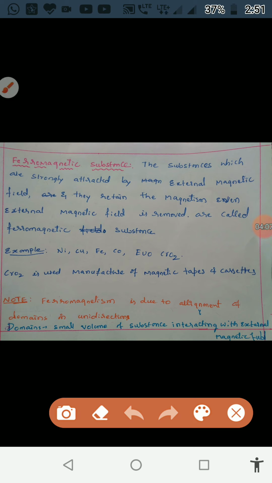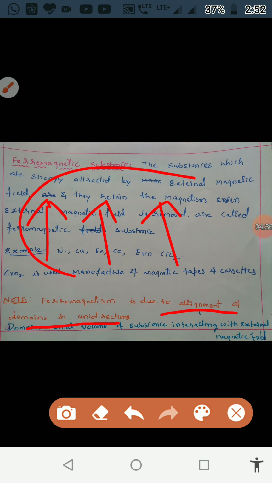Here, these ferromagnetic substances show strong magnetism, or ferromagnetism, due to the alignment of domains in one direction. Domains are small volumes of solids having dipoles, and they can interact with the external magnetic field.